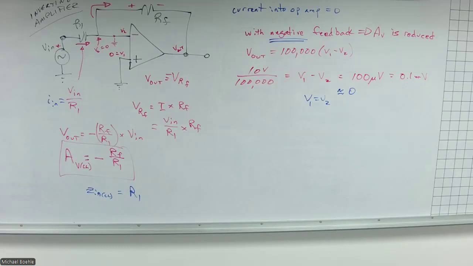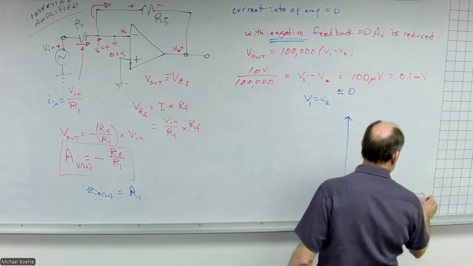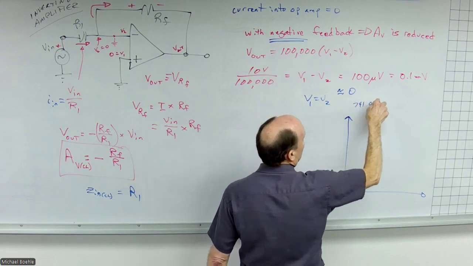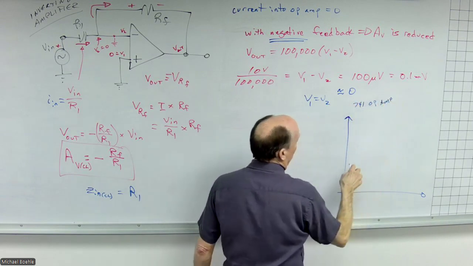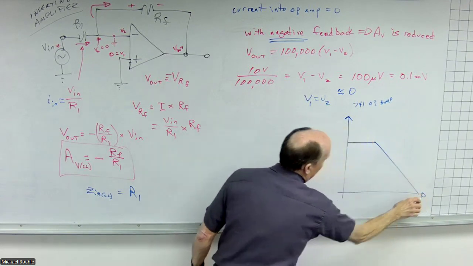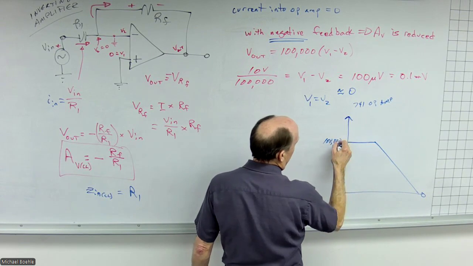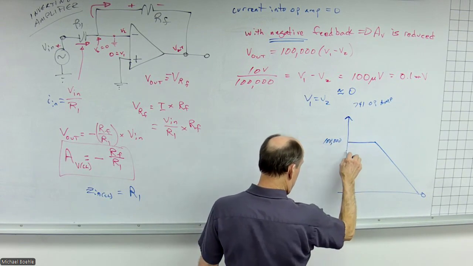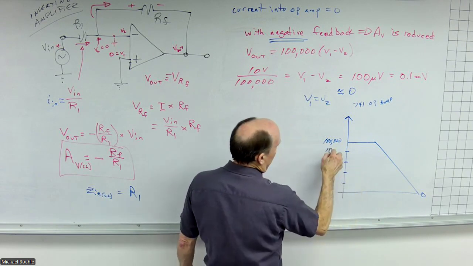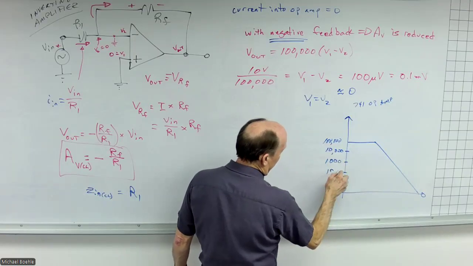Now, bandwidth. Let's talk about the response of this circuit. We know that the 741 op amp, I had this drawn up earlier, but we'll go ahead and put this on there. I'm going to do the same thing that one did here, right?